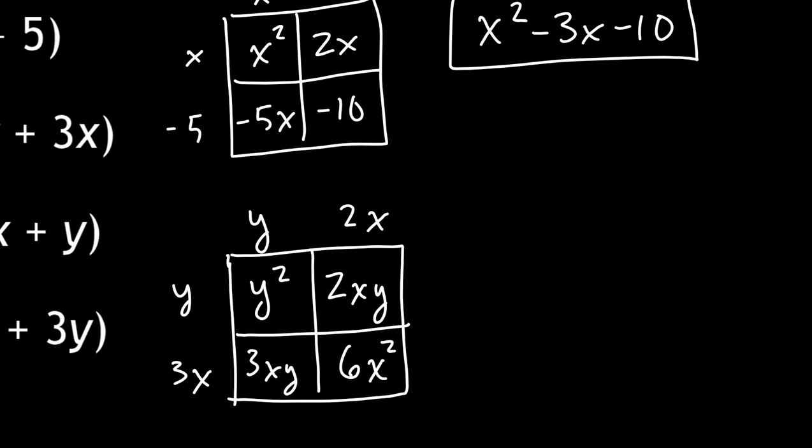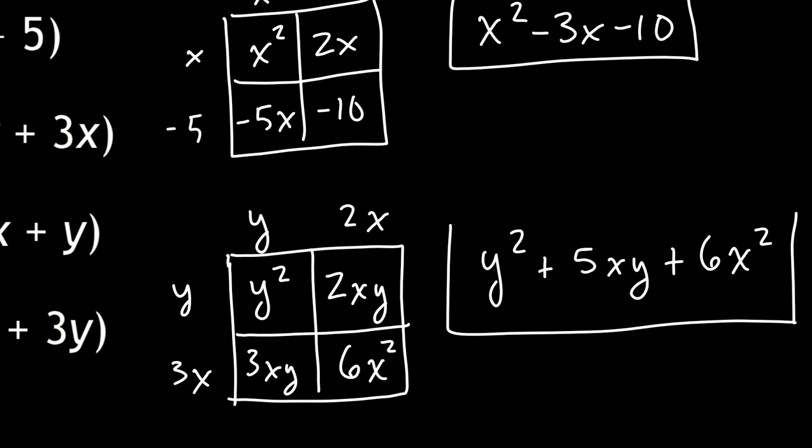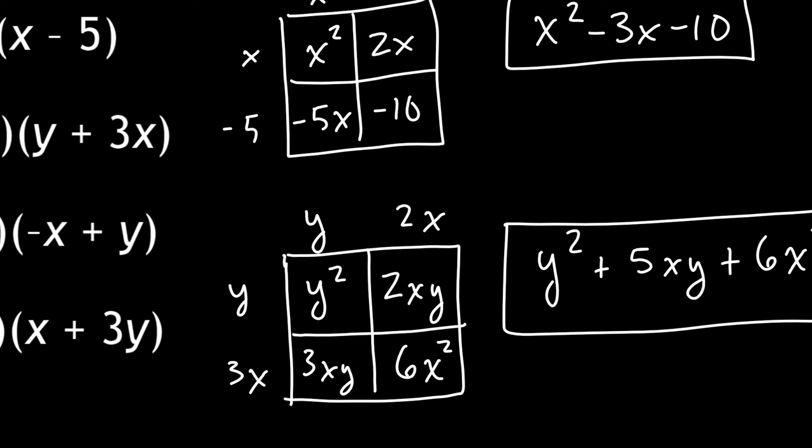So now we can look at all four of those parts, and the product when we multiply those binomials is y squared plus a 3xy and a 2xy, which is plus 5xy, and then plus 6x squared. So this is the product that we get when we multiply y plus 2x and y plus 3x.